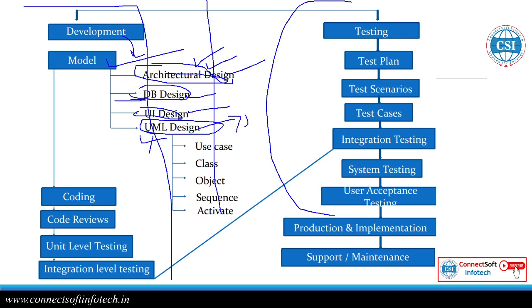And for this one, I use the IBM Rational Rose software, which contains the use case diagram, class diagram, object diagram, sequence diagram, and activity diagram. The developer uses these diagrams to see how the control will flow in each and every functionality of the software.